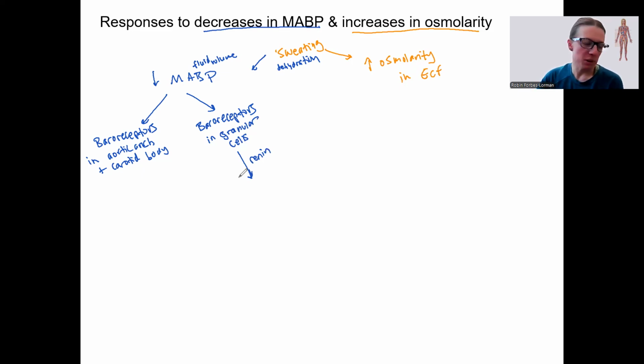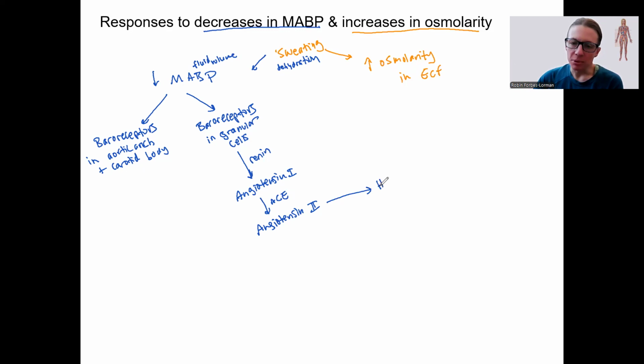So let's continue going this way first. Renin triggers angiotensin 1, which is converted by angiotensin converting enzyme to angiotensin 2. Angiotensin 2 has 4 effects on the body.